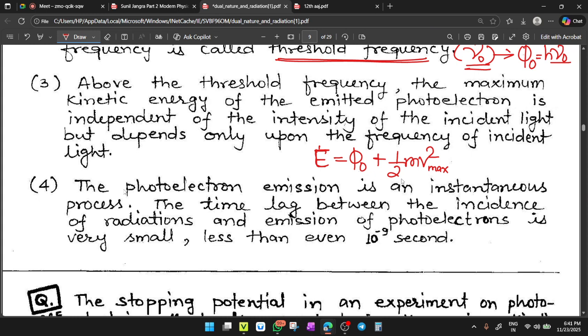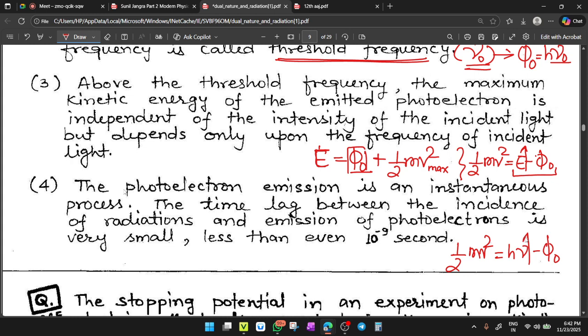So here, as the work function is constant, if you move it to this side, half m v square becomes equal to h nu minus phi naught. Above the threshold, the total energy of the radiation is equal to half m v square plus phi naught, that is, half m v square equals h nu minus phi naught.